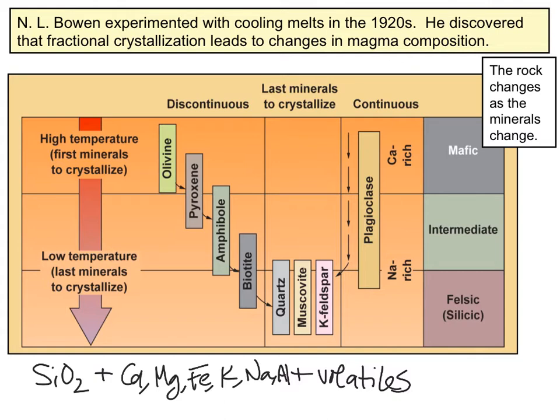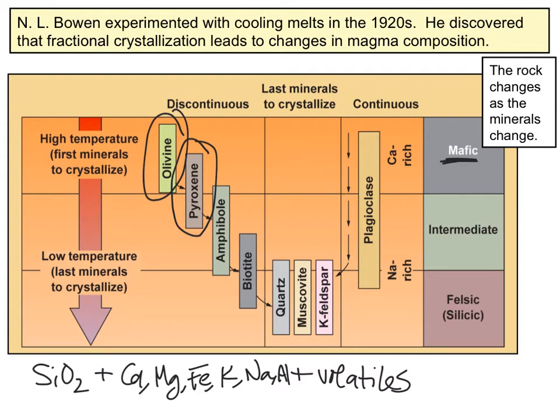form minerals. And it turns out that as you take a melt and slowly cool it down, the first ones to form will be olivine and pyroxene. These are the names of minerals that have abundant magnesium and iron in them, but not very much silica and oxygen, because these are mafic minerals.